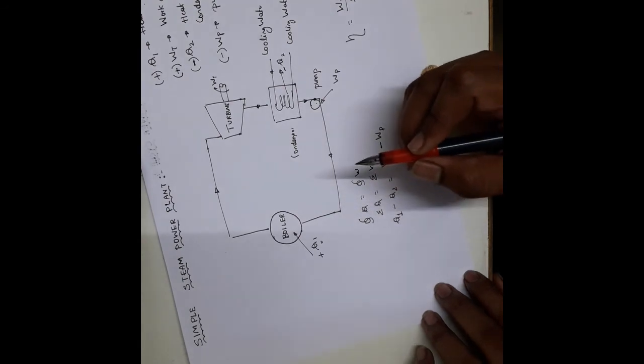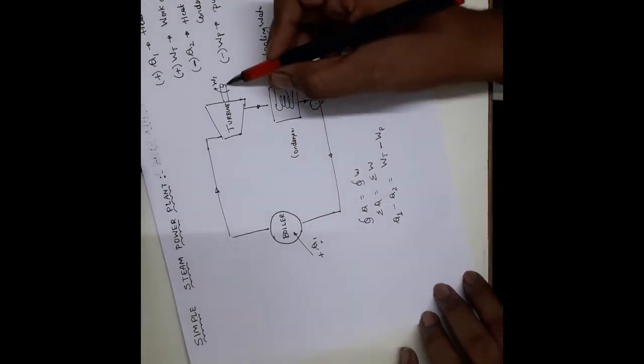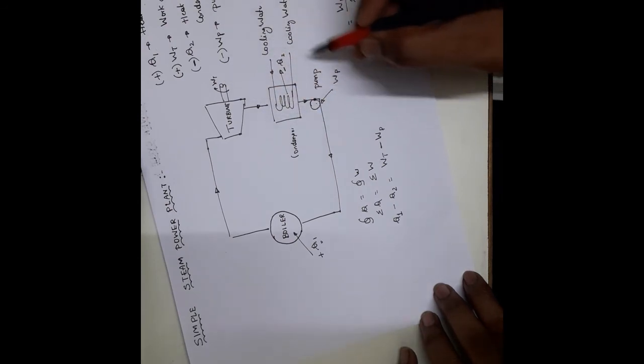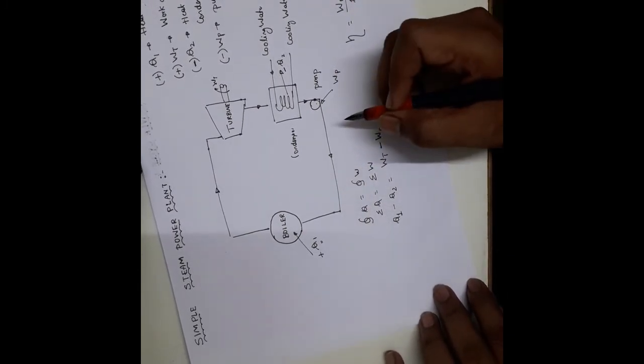This is the only heat input to the system. When I take turbine work, part of the turbine work is used to run the pump. So only Q1 is the input, and this is the output.